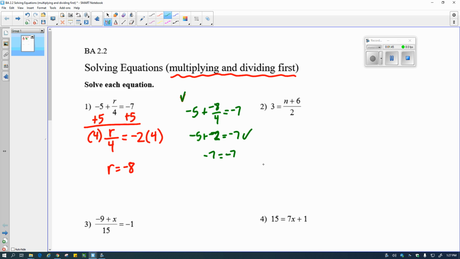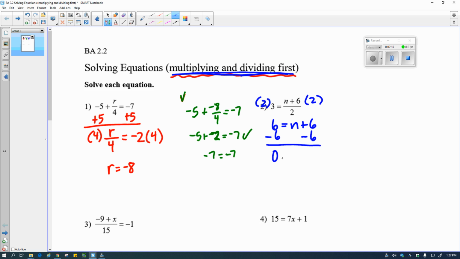Now, if I look at the next problem, I have to be a little bit careful in my solving because the division bar is blocking the addition. And so I have to take care of, in this case, undo the division first. So multiply that 2 out. I end up with 6 equals n plus 6. I can subtract the 6.